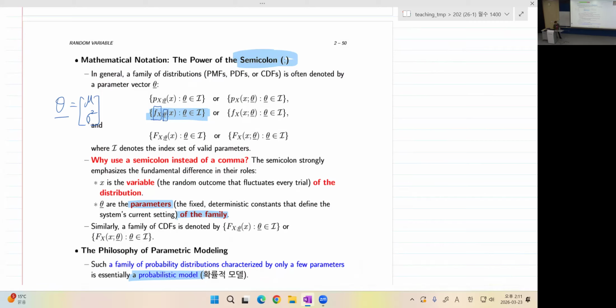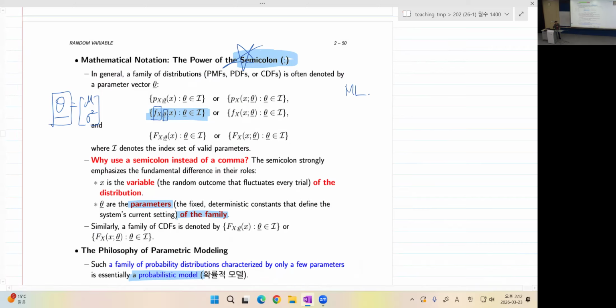But anyway, you must pay attention to the use of the semicolon, because in many cases we don't know whether these parameters are to be modeled as random variables or not. If you study machine learning, sometimes these parameters are regarded as random quantities, but sometimes they are not. You must distinguish these two different cases. Got it?